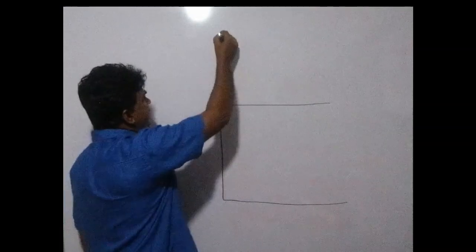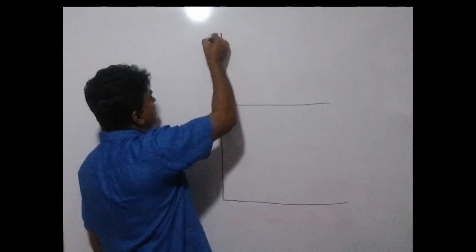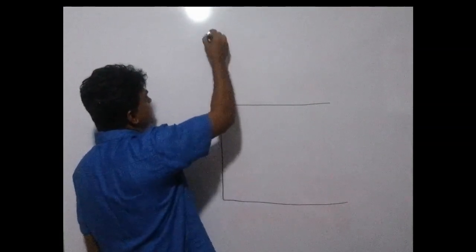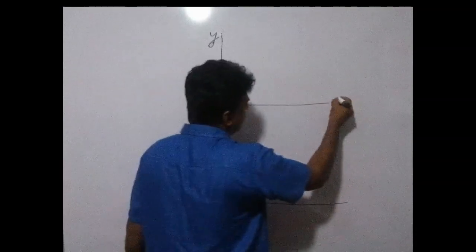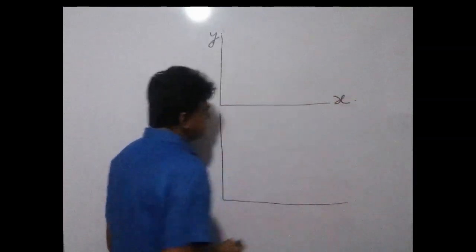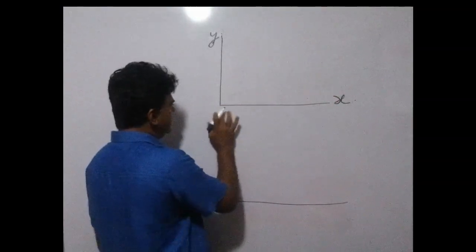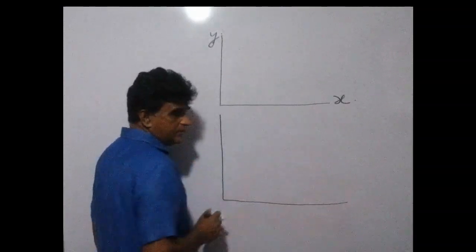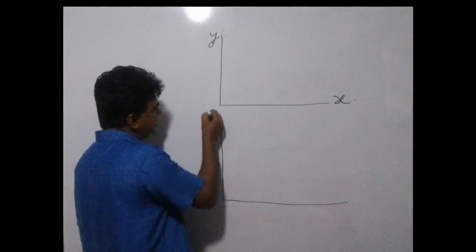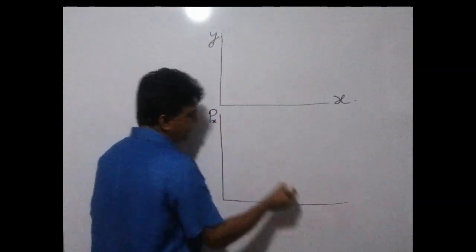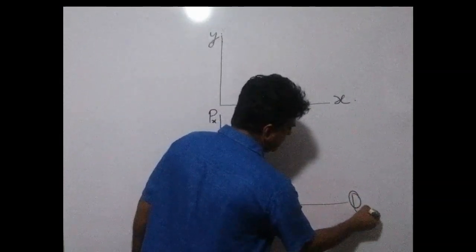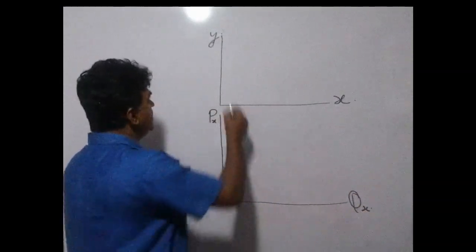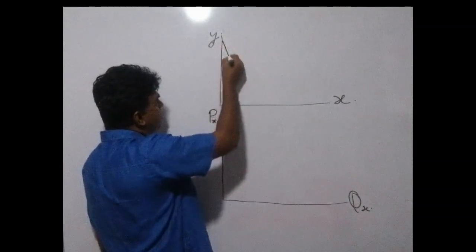In the upper graph, this is the consumption of good Y and consumption of good X. Now I am going to draw the demand curve of X. Then this is the Px and quantity X.